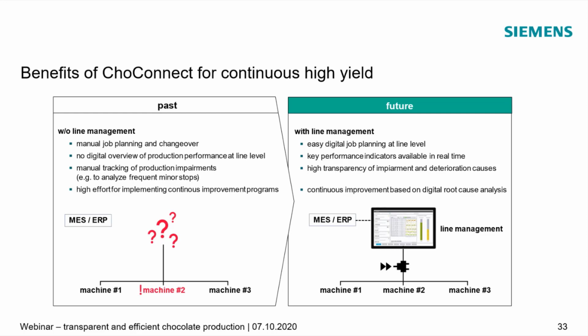You get the key performance indicators such as availability, productivity, or quality at your fingertips. And if your line has an issue, it's easy for you to find out the cause, and you are soon able to bring it back on track. This is the way continuous improvement is done in the digital age.